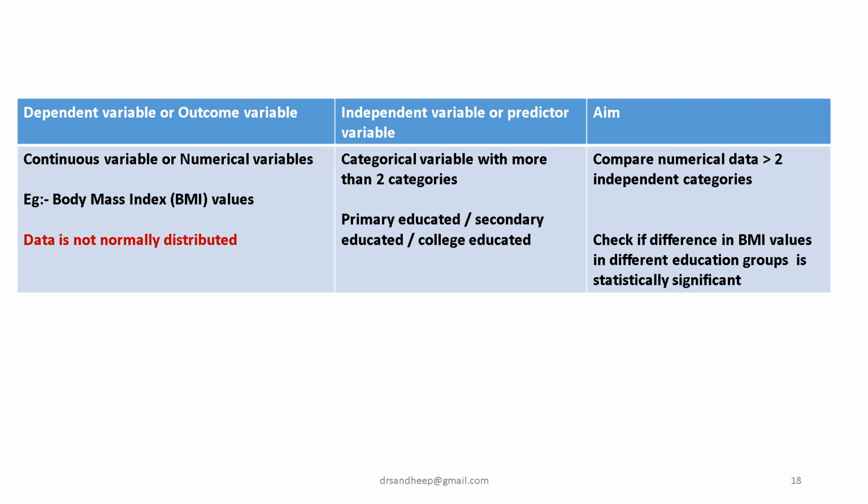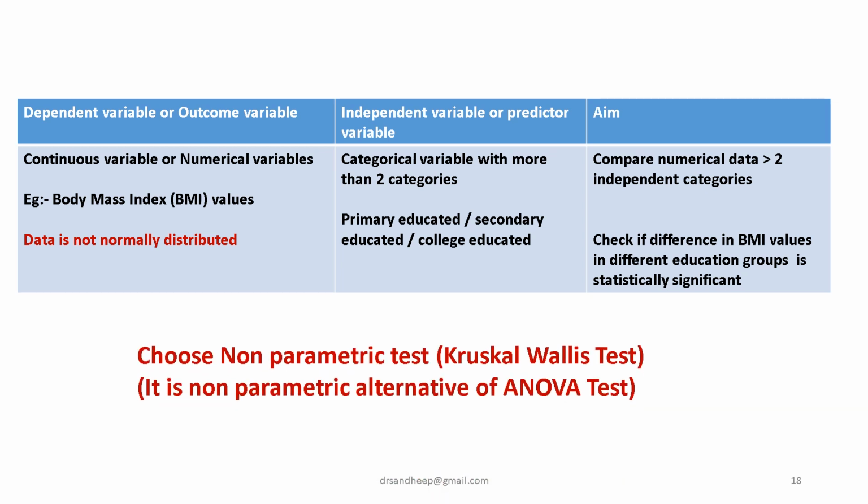Check if the difference in body mass index values in different education groups is statistically significant. We cannot apply the one-way ANOVA test here because data is not normally distributed. So we have to look for the non-parametric alternative of the one-way ANOVA test, that is the Kruskal-Wallis test. Choose the non-parametric alternative test of the one-way ANOVA test, that is the Kruskal-Wallis test.